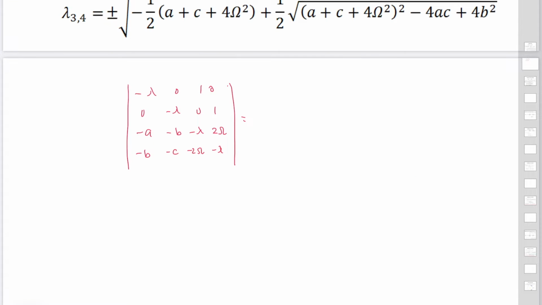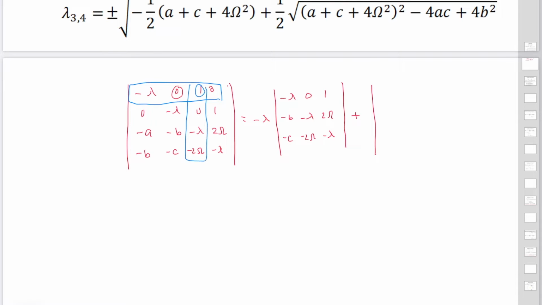We'd like to expand this equation with this law. Then it becomes plus, without this row and line, you can create the matrix. Okay, then we'd like to expand.